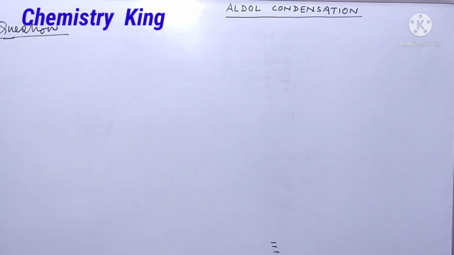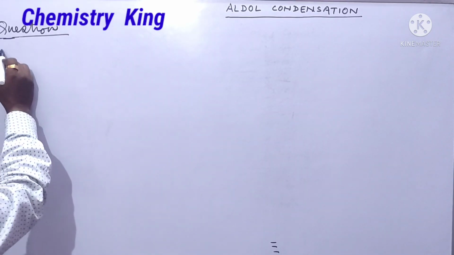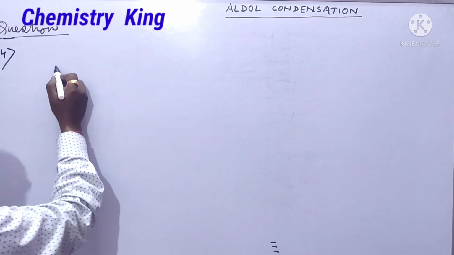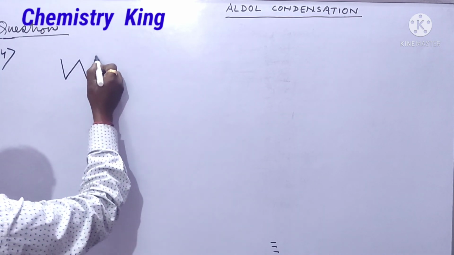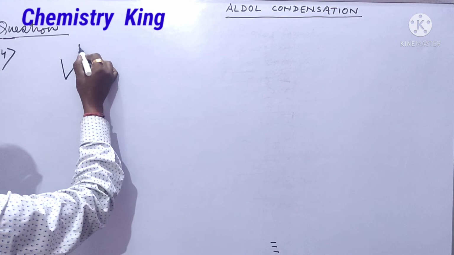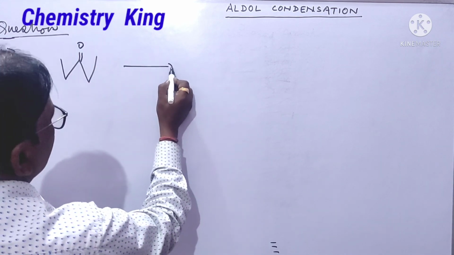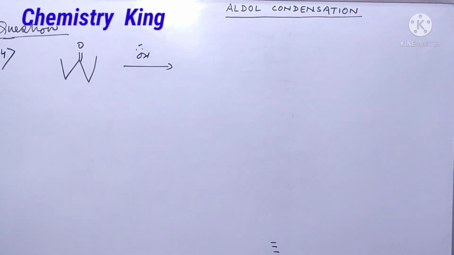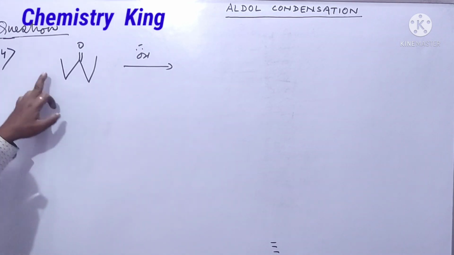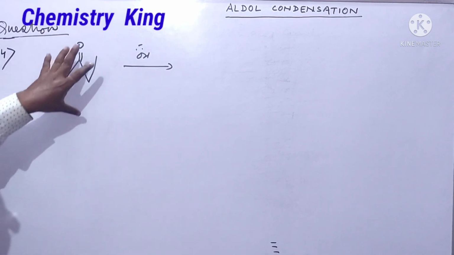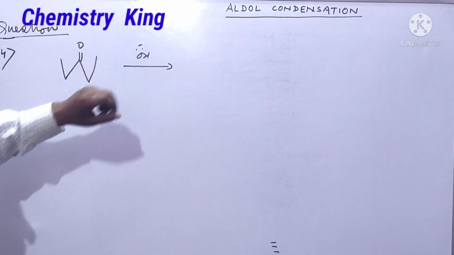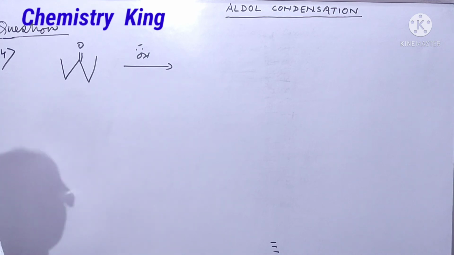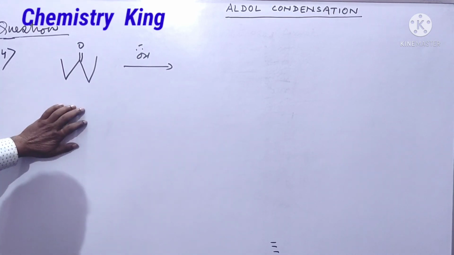Now question number 4, and it is the last one. Suppose it is the reactant and it is base. What will be the product? Of course it is aldol condensation and there is no need to write 2 here. When it is allowed to react with base, what will be the product? Friend, assume a second molecule here.